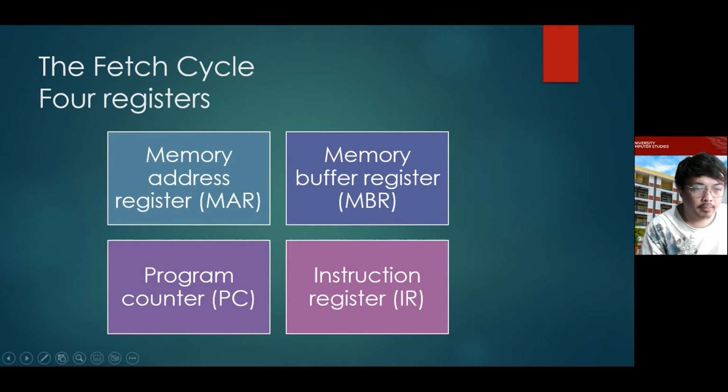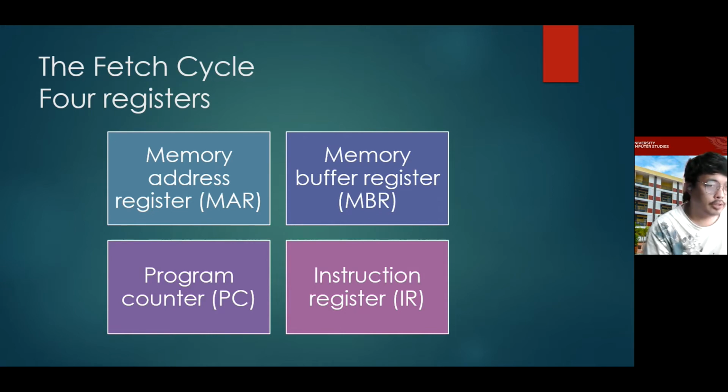Again, the MAR, the memory address register, is connected to the address line of the system bus, and it specifies the address in the memory for the read and write operations. The memory buffer register, the MBR, is connected to the data line of the system bus, and it contains the value to be stored in the memory, or it holds the value of the last read from the memory.